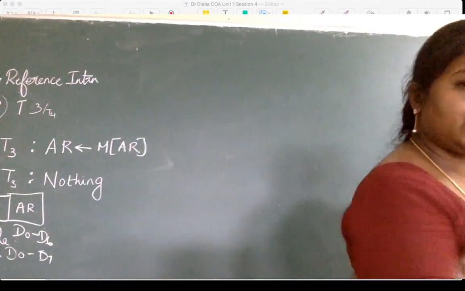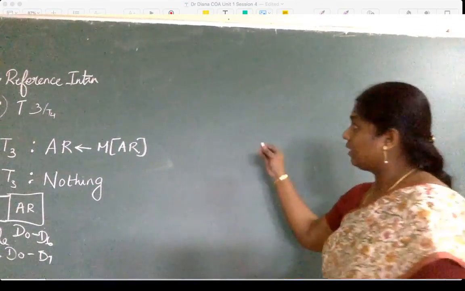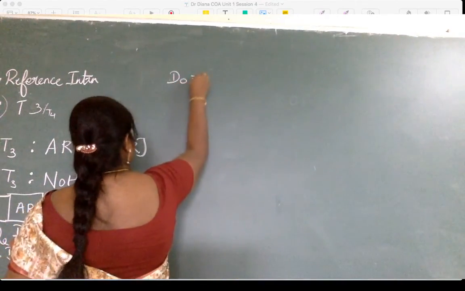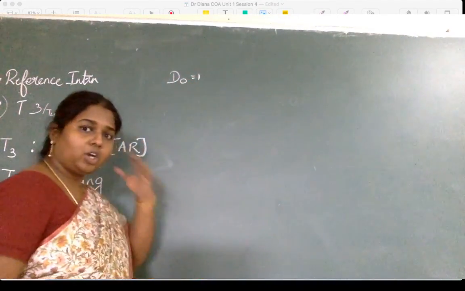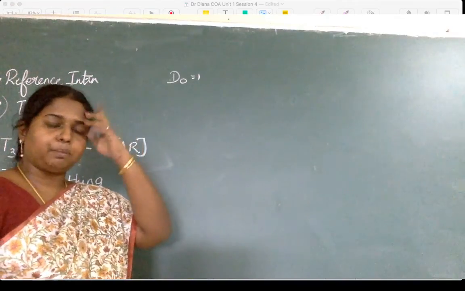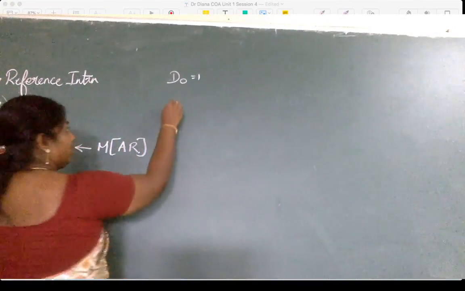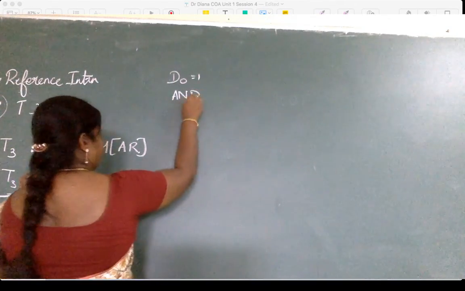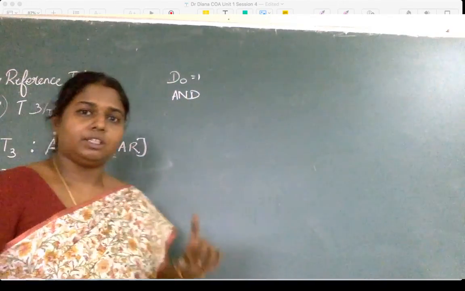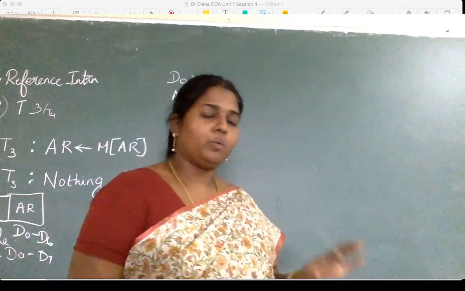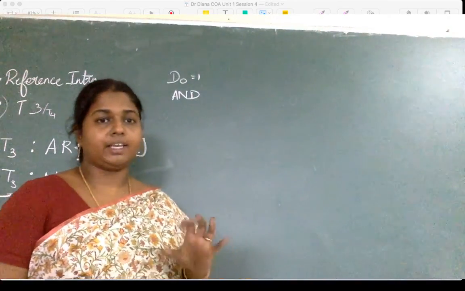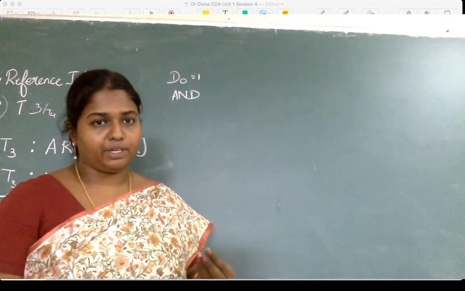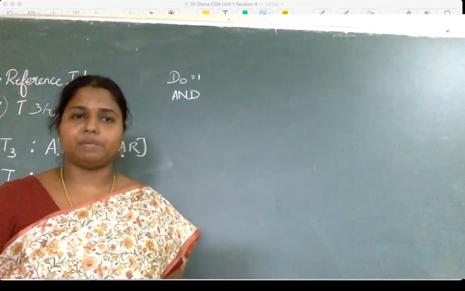The first instruction that we will look into is when D0 is 1. When D0 is 1, that is the first type of memory reference instruction, and the instruction is called AND. When I use AND, it means I have to perform an AND operation between 2 elements.